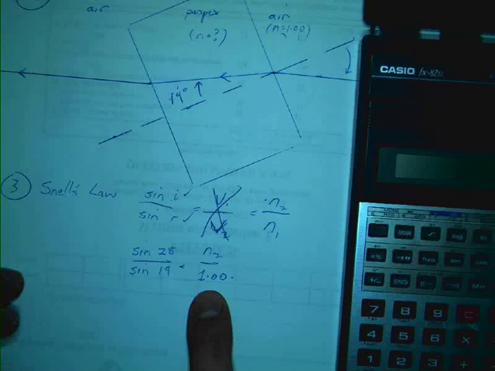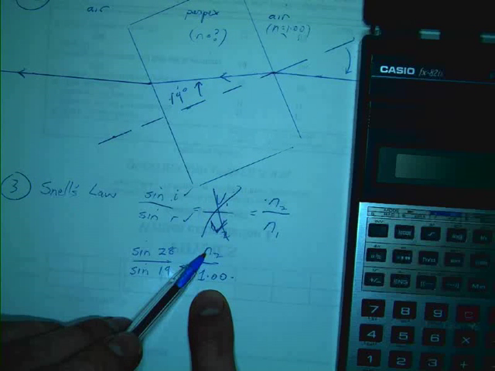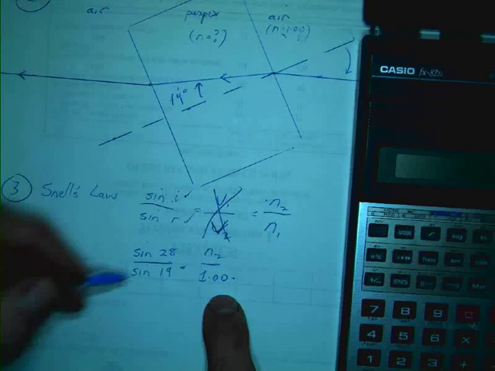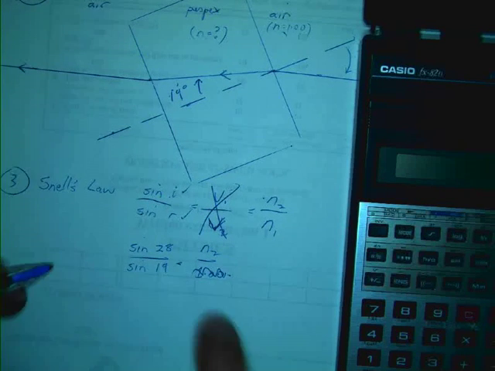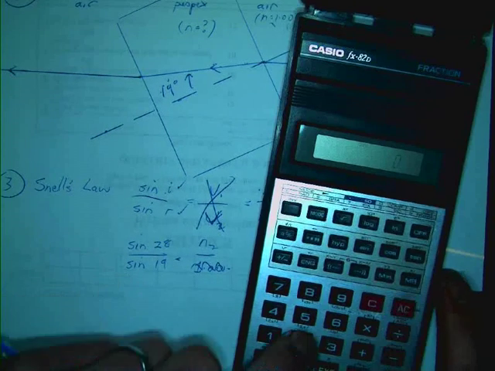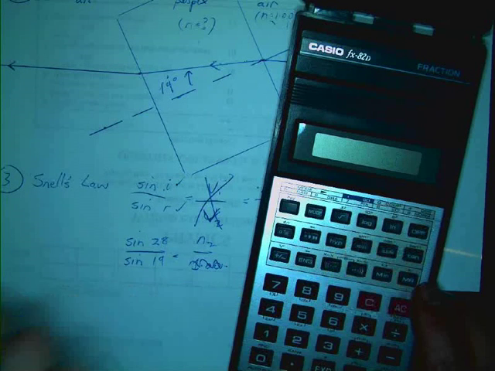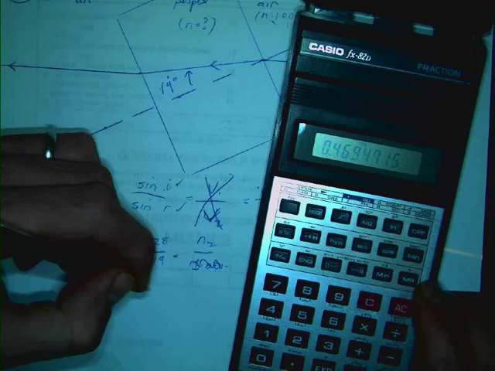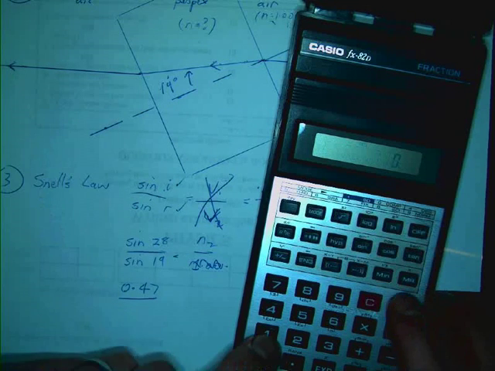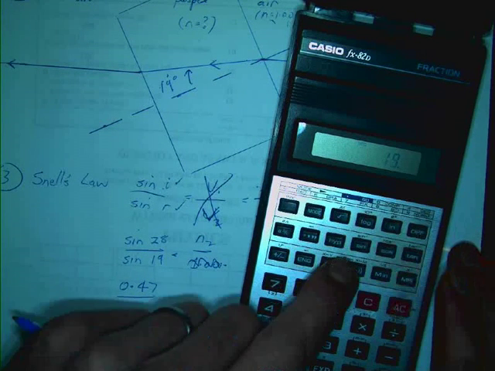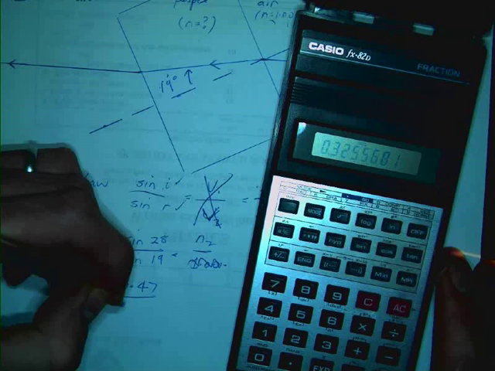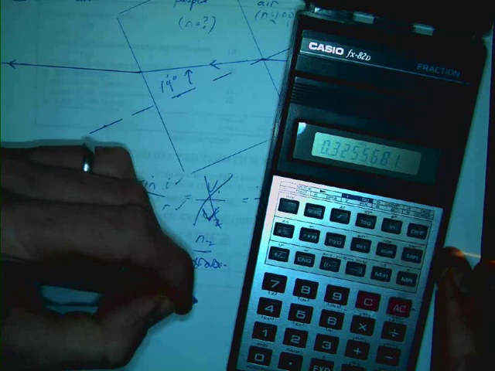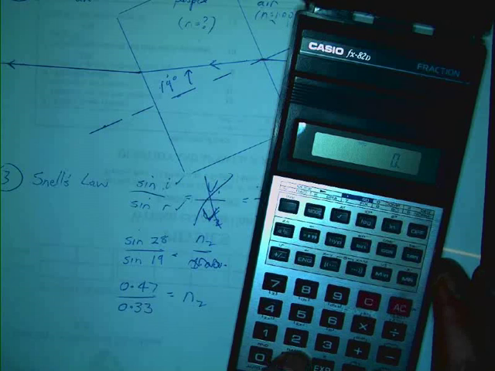Okay. Anything divided by 1 is, well, the original number. If that's 1,000, divided by 1 is 1,000. If it's 1.2, divided by 1 is 1.2. So we can actually just scrap that, and we can say sine 28. 28 sine is 0.47. 19 sine is 0.33 equals n2.